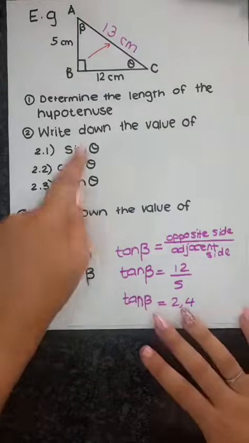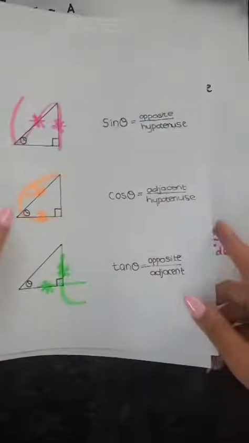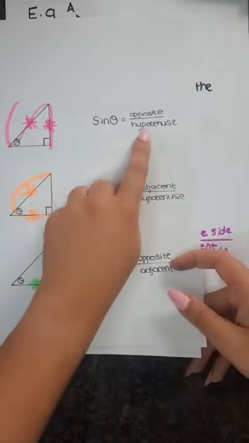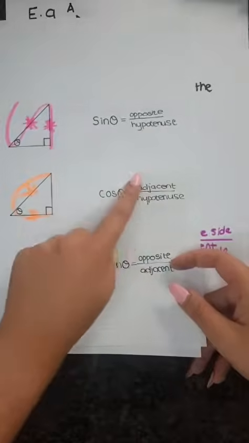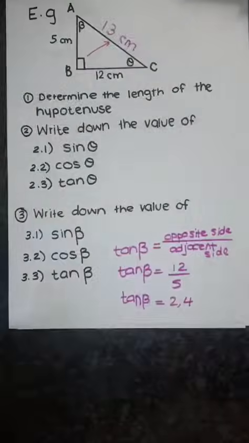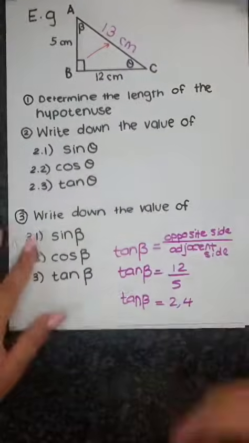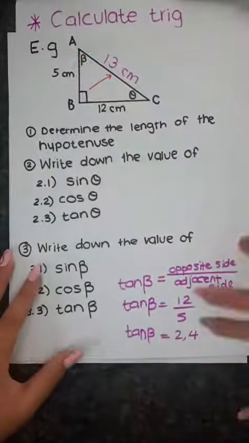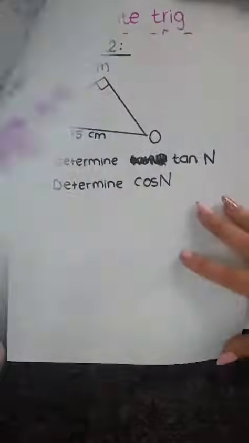So sine will always, go back to my summary, sine will always be the ratio of the opposite to the hypotenuse, opposite over hypotenuse. Cos will always be the adjacent over the hypotenuse. And your value of sine or cos will differ, obviously, depending on the angle that we're talking with respect to. Okay, let's carry on.